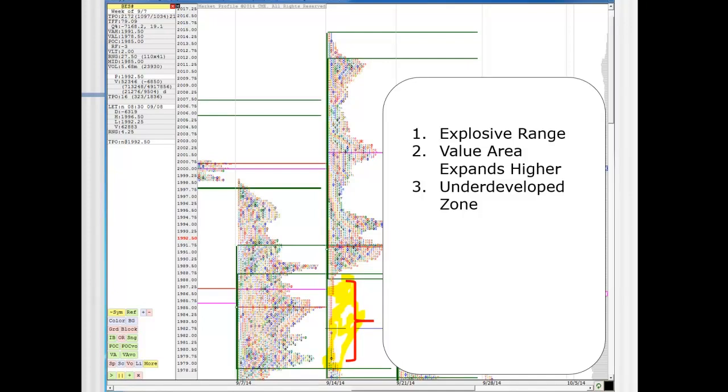This development, again, to the unseasoned profile trader, appears as an incredibly bullish move, and it is. It really is, because the only way we could have had such an underdeveloped zone in the auction is if, in fact, strong buyers stepped in and significantly pushed the market higher.